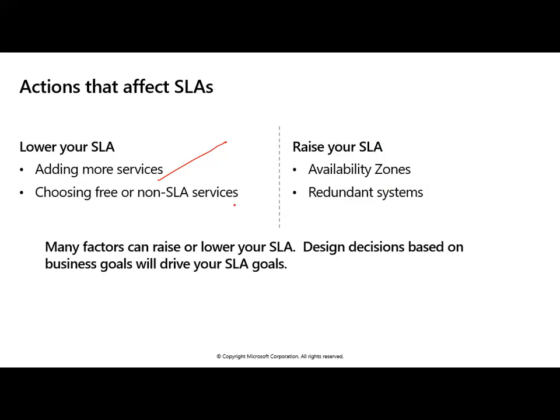And if you are using any kind of free service or non-SLA service, that will lower your SLA, since those services do not offer any SLA and the cumulative score will get reduced.